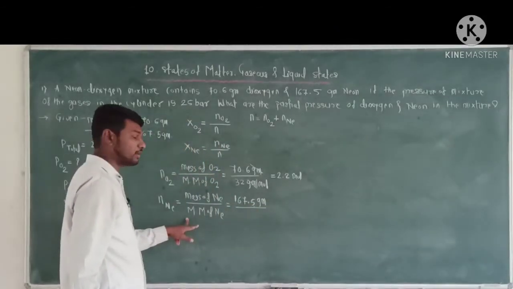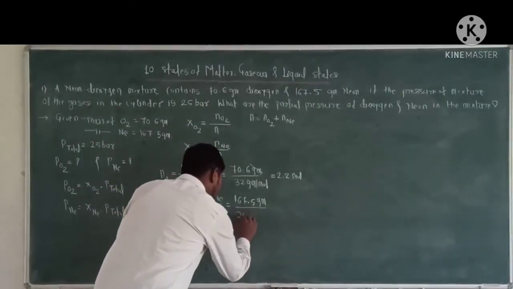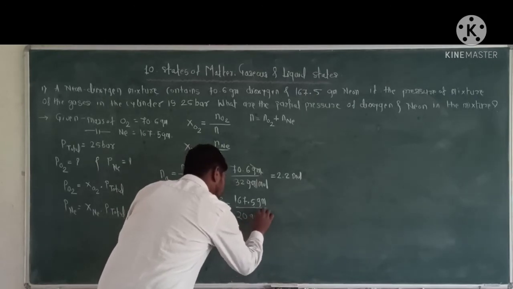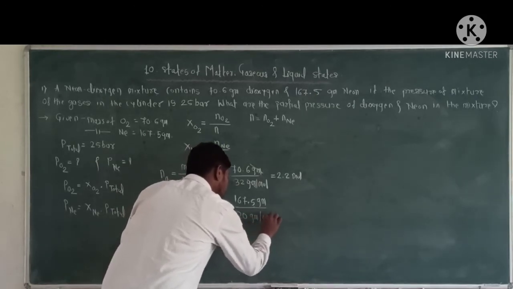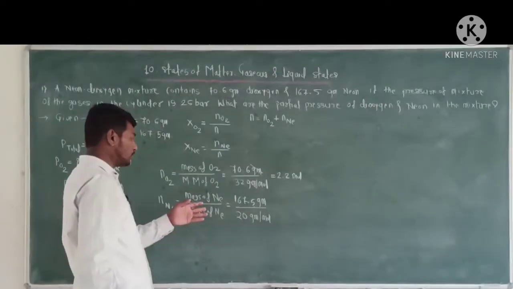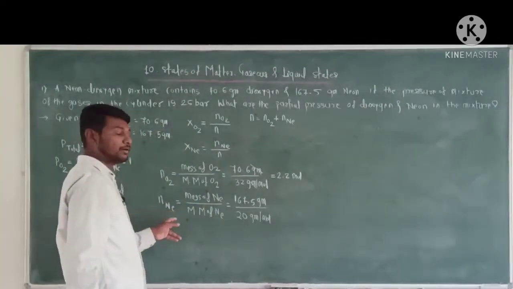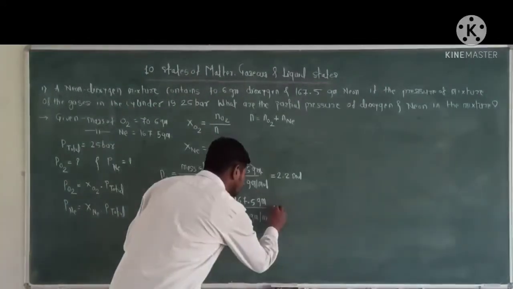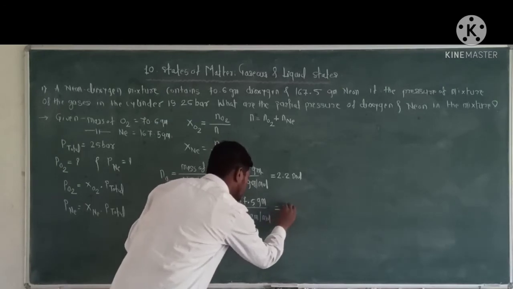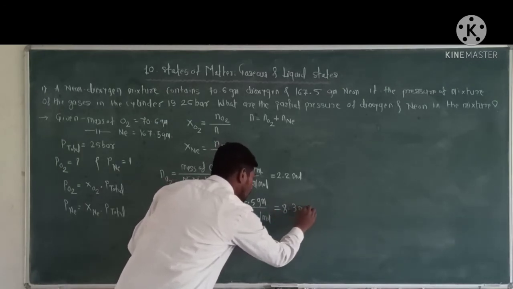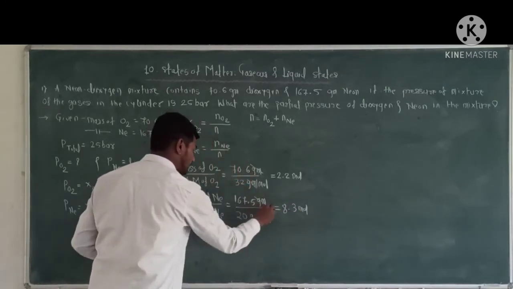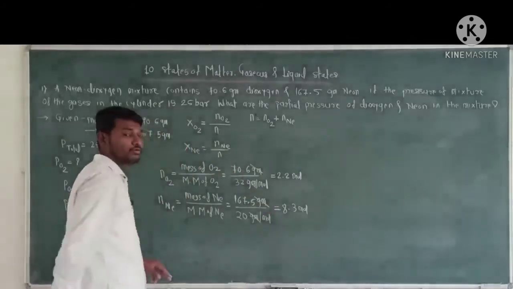The molar mass of neon is 20 gram per mole. Solve this equation, we get the number of moles of neon, that is 8.3 mole. Gram gets cancelled, per mole converted into mole.